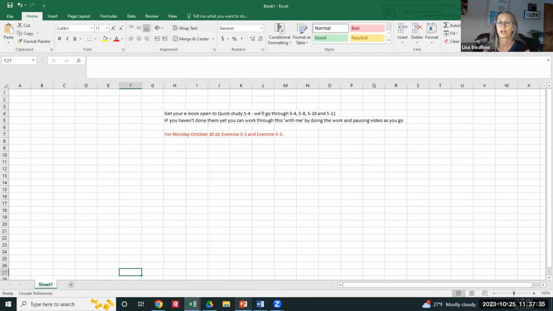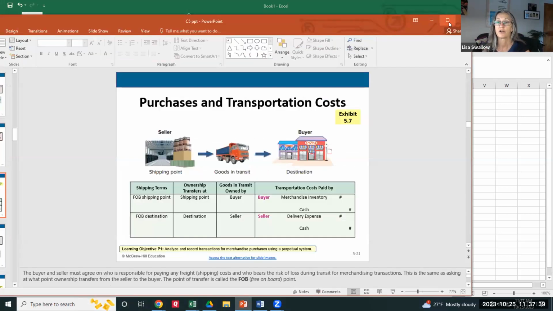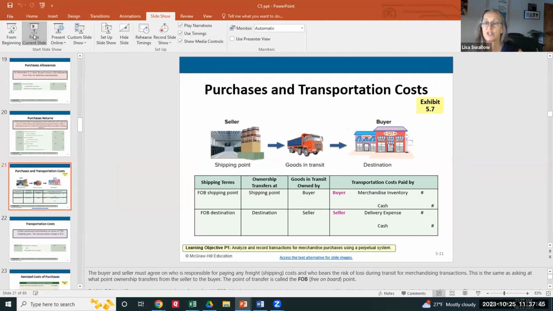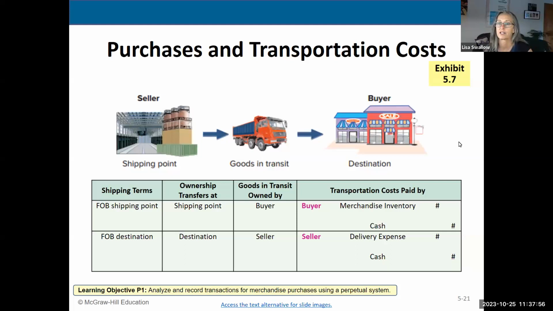Okay, and so the last thing that I want to show you conceptually is from our slides. This is something we have to recognize that pertains to how products move back and forth between warehouses and customers. This is purchase and transportation costs.